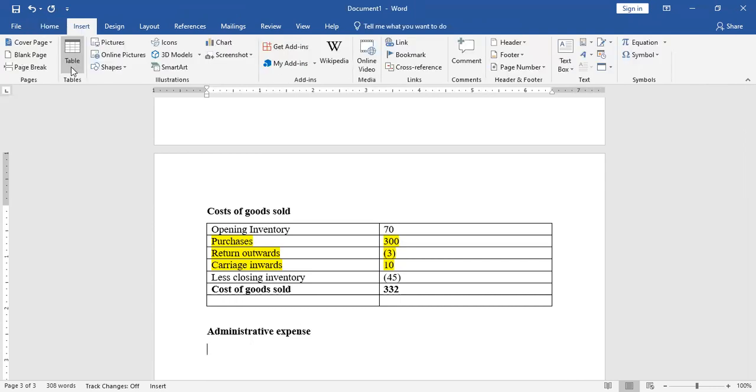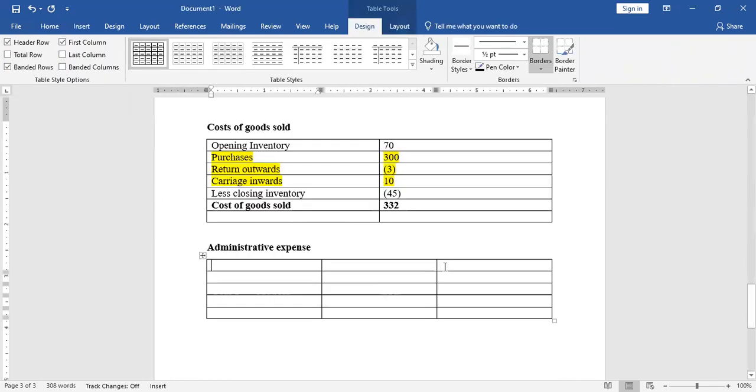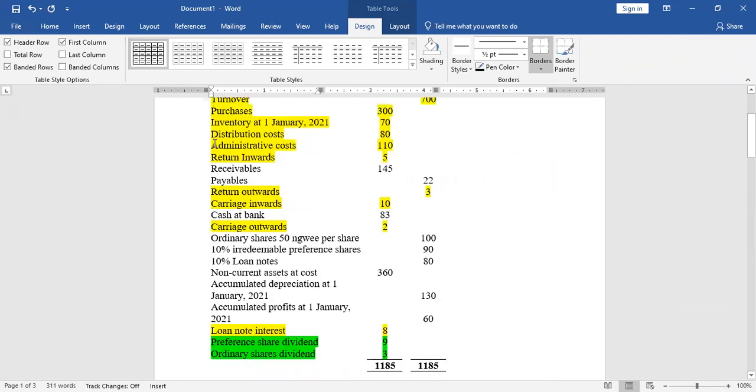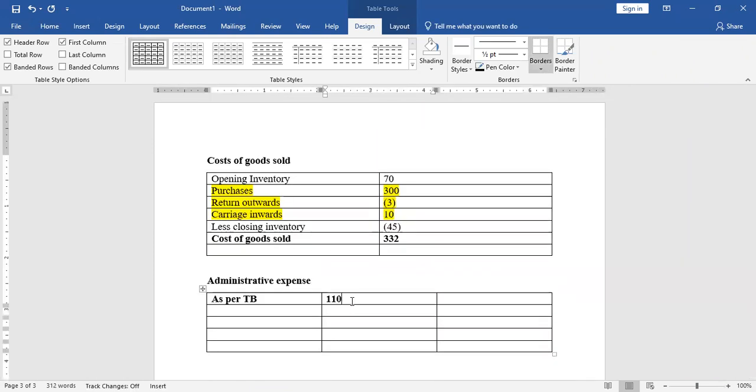Administrative expense as a working. What was the administrative expense as per trial balance? As per trial balance, the administrative expense was indicating 110. Yes, here it is, 110.